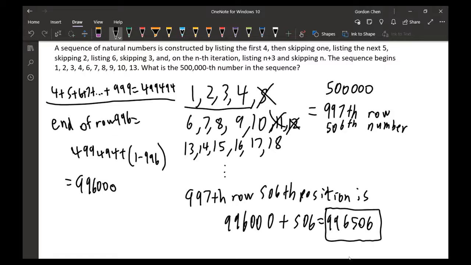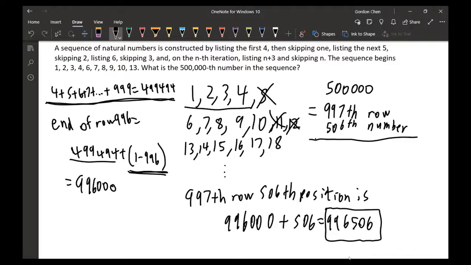So this is row 995, and row 996 is just this plus 1 through 996. And then row 997 is just this, and by the way, this is 1 through 996.